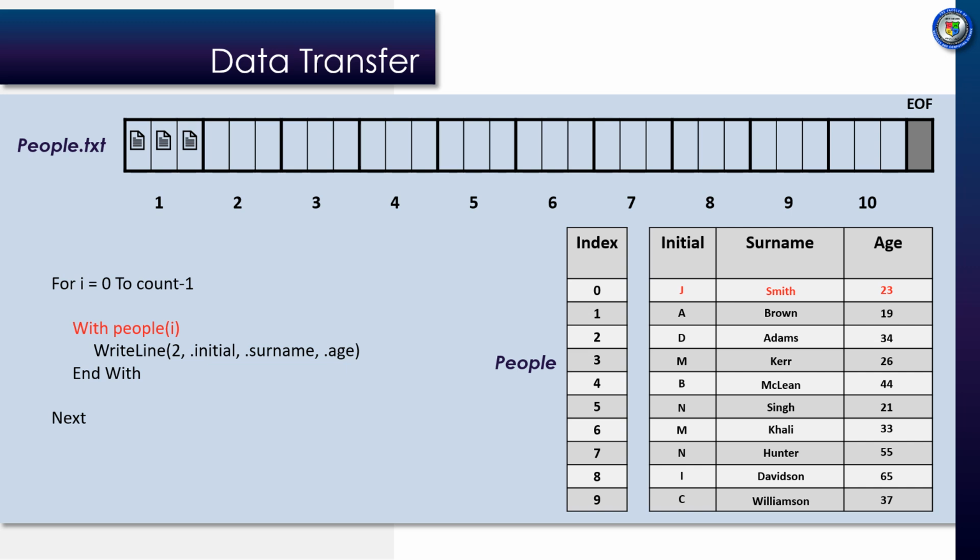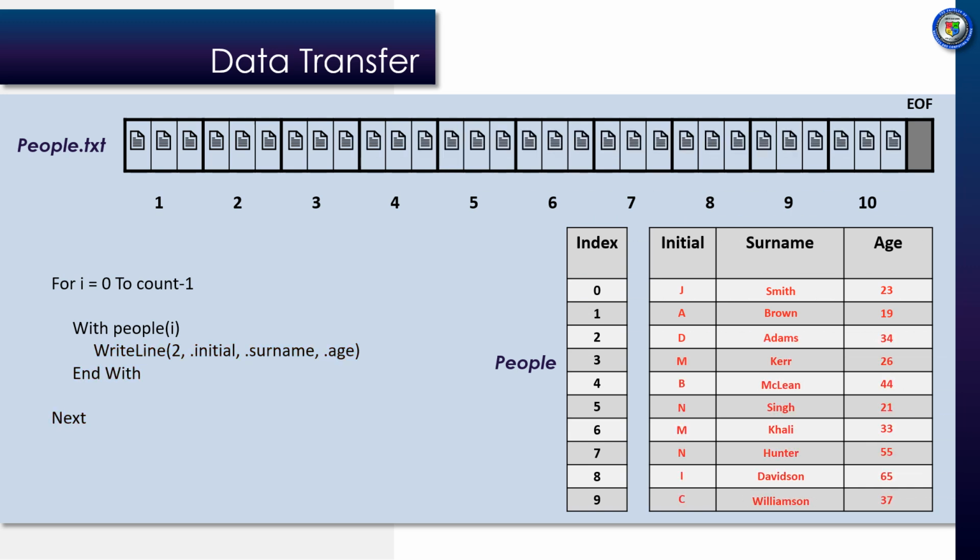So again, we refer to our array of records. Our index has been incremented by 1 to the value 1, and again we use our write line statement to file number 2, the fields initial, surname and age, sequentially. Those are written out to file, and this continues until our file is completely populated.